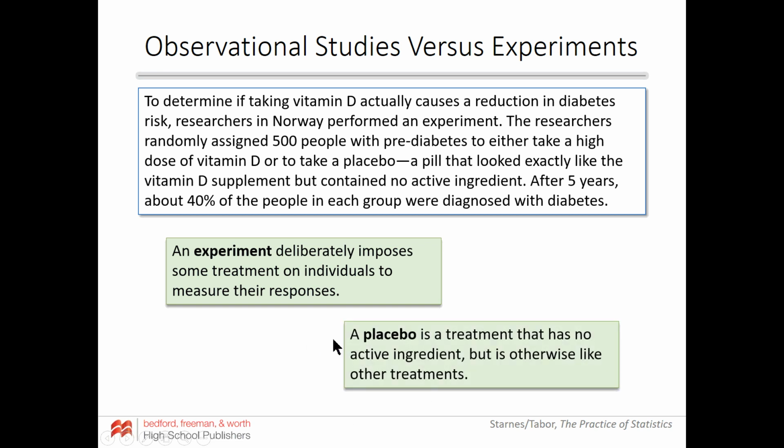So a placebo is a treatment that has no active ingredient but is otherwise like the other treatments. So here's a really good example: this COVID vaccine, right? That was just approved and is being approved and is still being developed by some other drug companies. So a placebo sometimes is a pill, like in this vitamin D example, but in the case of the COVID vaccine, the COVID vaccine is a shot as of now, right?